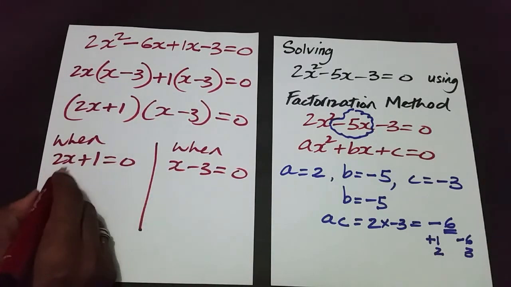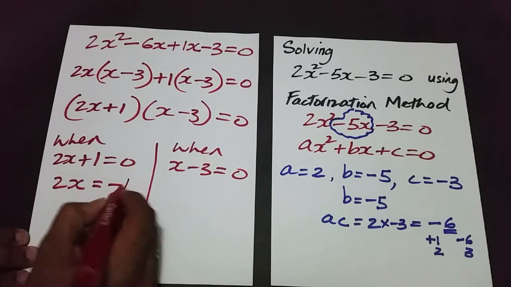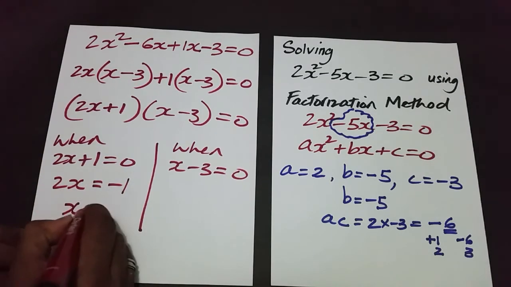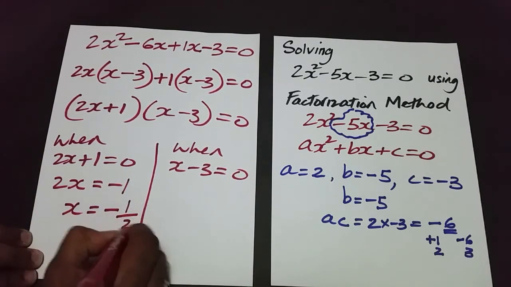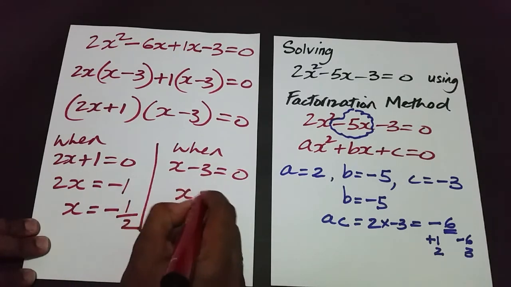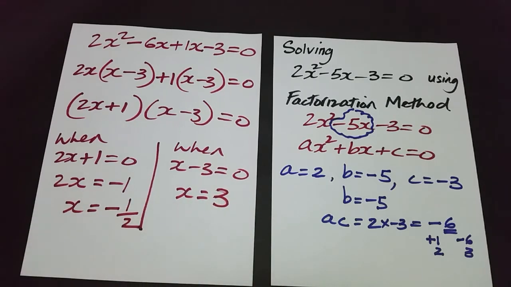So let's come here. We're going to solve for x here. So 2x, you carry over the positive 1, it becomes negative. 0 was on this side, so the negative is going to prevail. And then x is going to be equal to negative 1 over 2, which is negative a half. And in this particular case, x is equal to, the negative goes over, it becomes positive 3. So now we have the two answers for the quadratic equation, or the two answers for the variable, and in this case the variable is x.